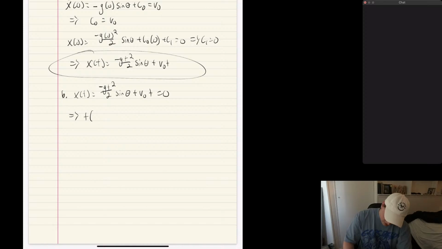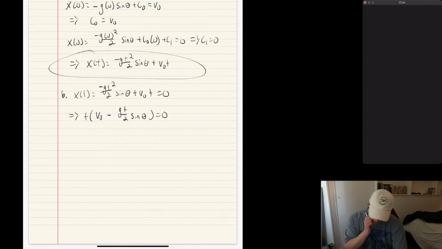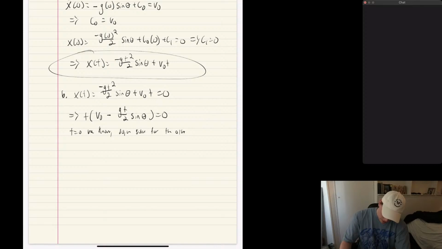So we have, I'm going to pull the v0 up front here, t is equal to negative gt over 2 sine theta. And then we solve for the other t value.